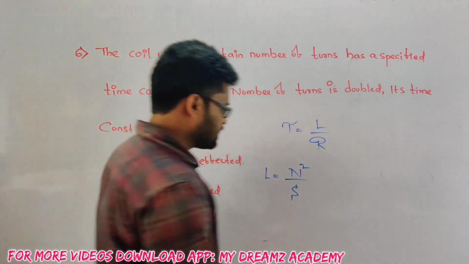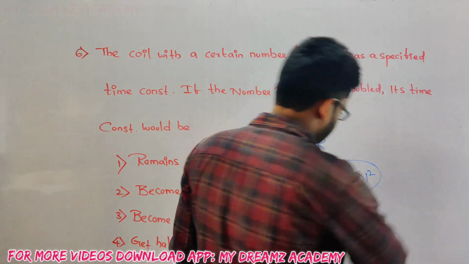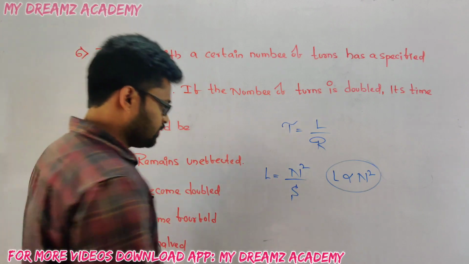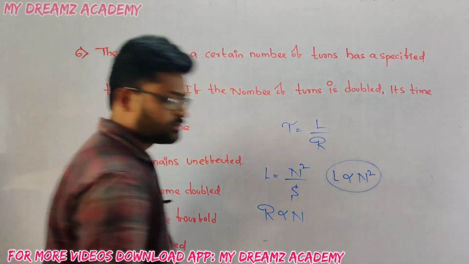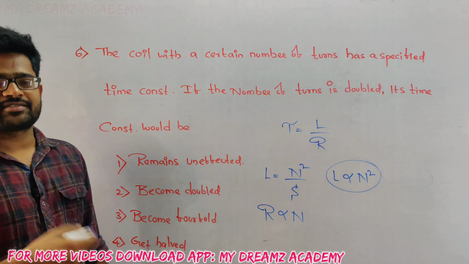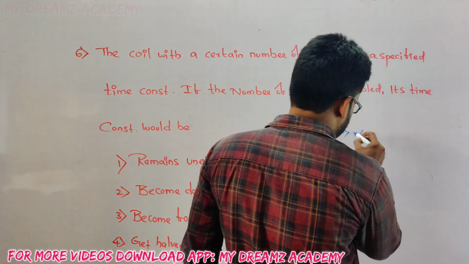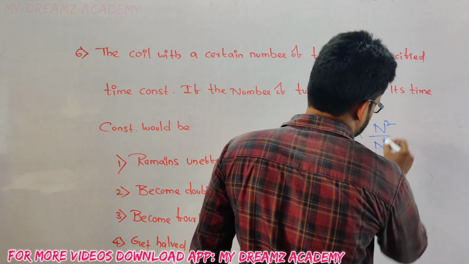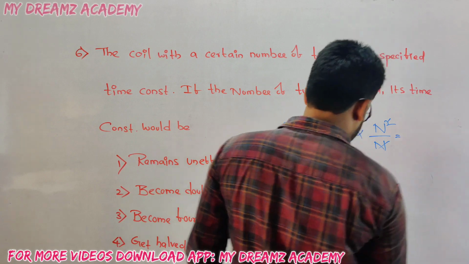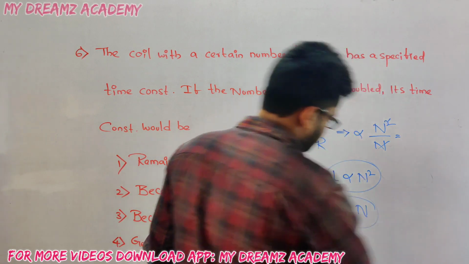So inductance L is directly proportional to N square. Similarly, resistance R is directly proportional to N. If the number of turns increases, the resistance value increases. So the time constant is directly proportional to N square divided by N. N will get cancelled, so time constant tau is directly proportional to N.